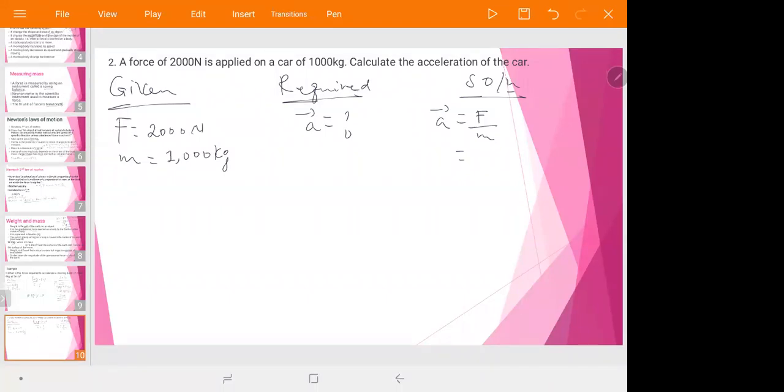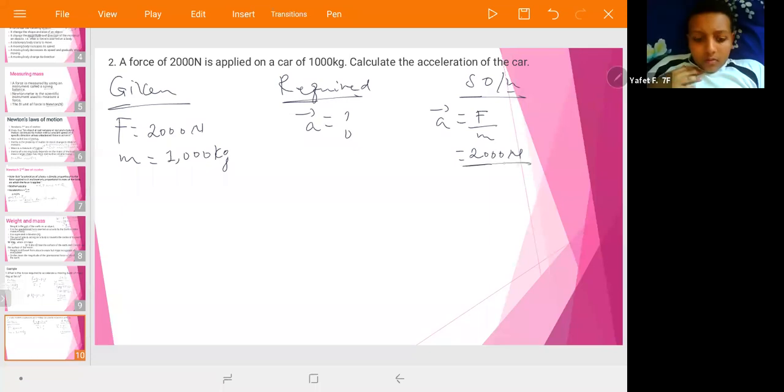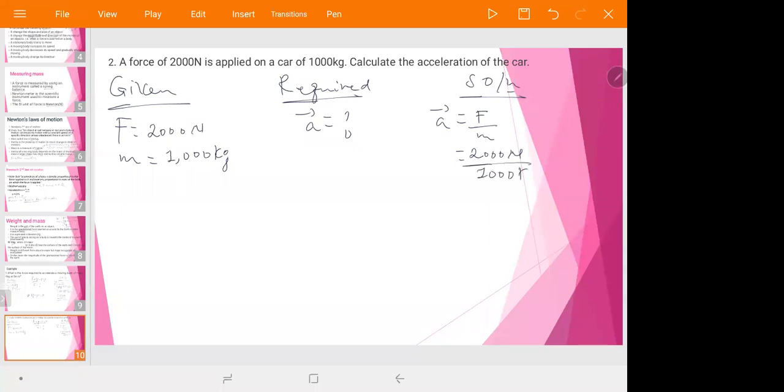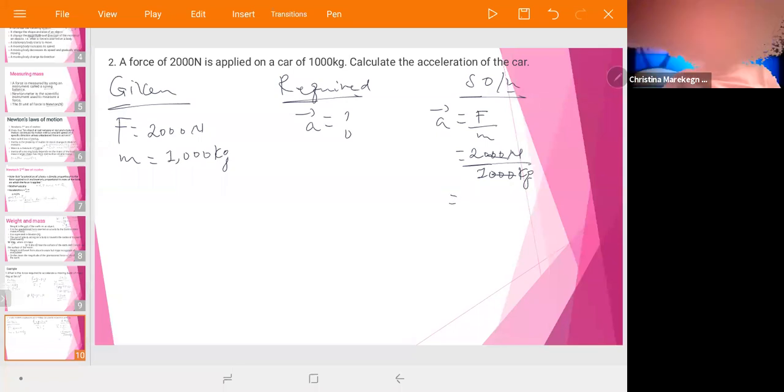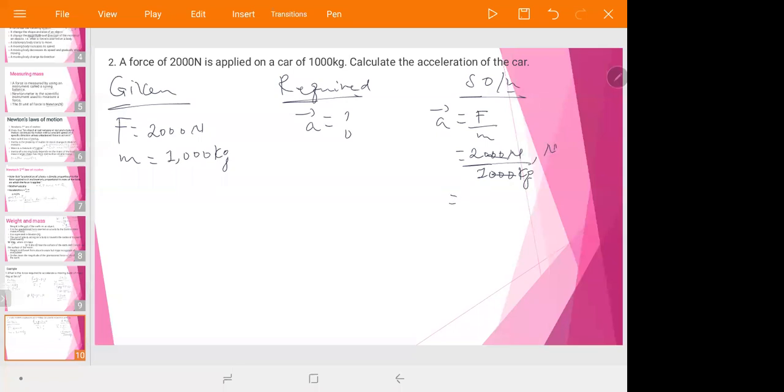I have said in example number 1, Newton is equal to kilogram meter per second square.